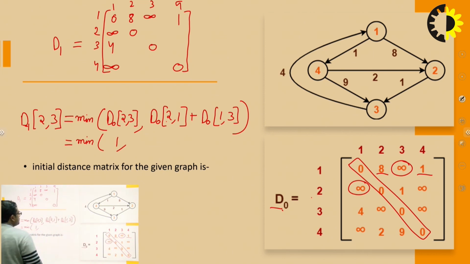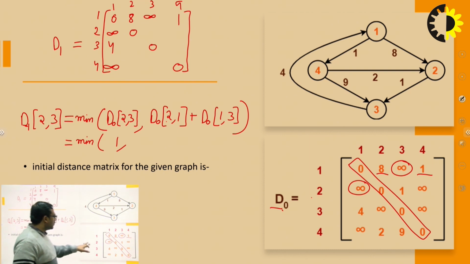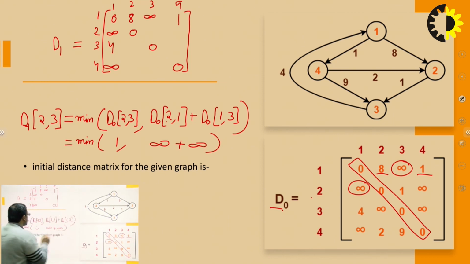And D0 2,1 is infinity, plus 1,3, which is also infinity. So you can see 1 comma infinity. Infinity plus infinity is infinity, right? So what is the minimum value? Minimum value is 1. So what we have to write here is 1. Got my point? This is the way you have to calculate every value here, one by one.